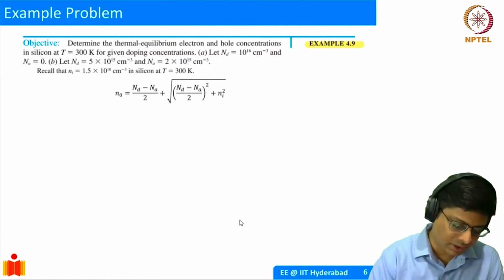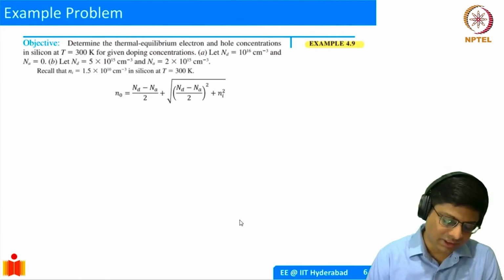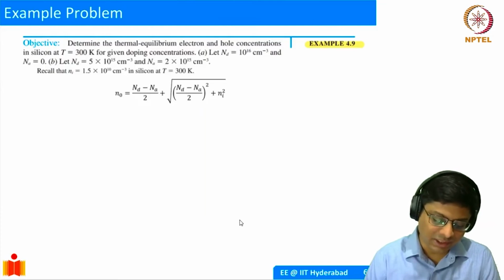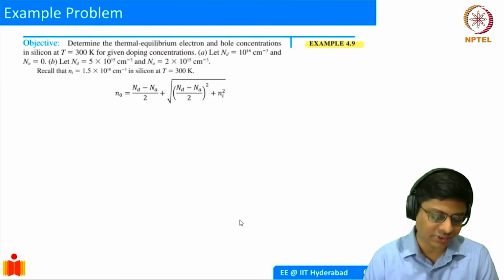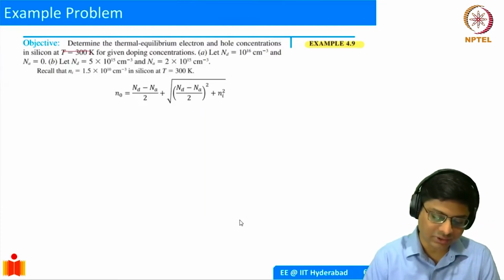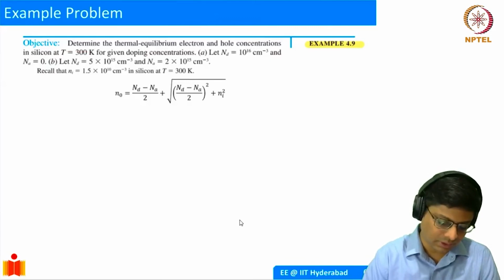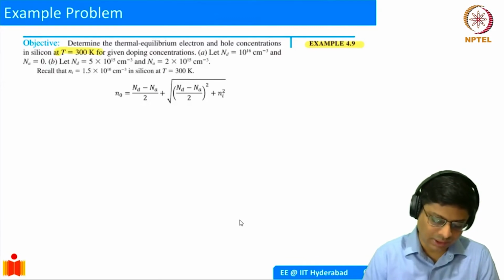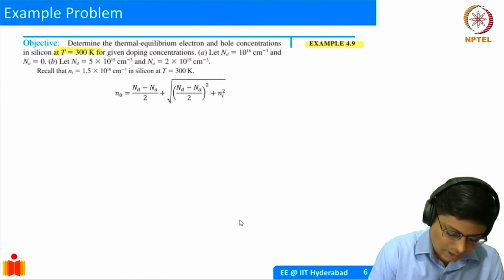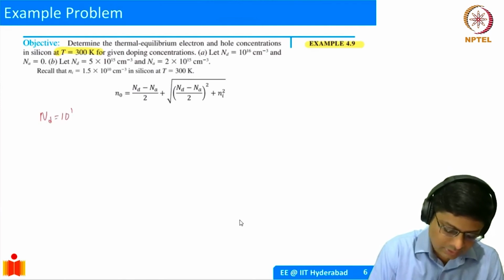So what I'm asking here is: determine the thermal equilibrium electron and hole concentrations in silicon at T equal to 300 K. Okay, it's only at a certain temperature. And given that there is some doping, let's take case 1, Nd equal to 10 power 16, I'm not writing the units, Na equal to 0.